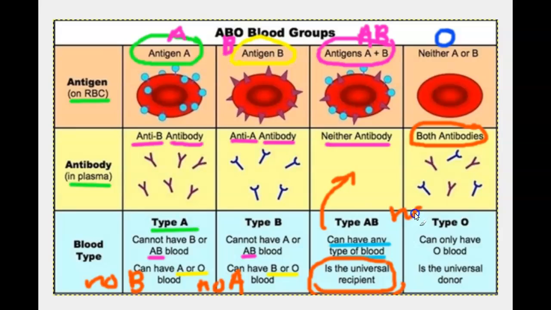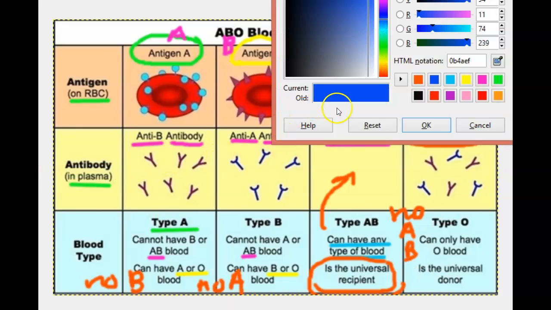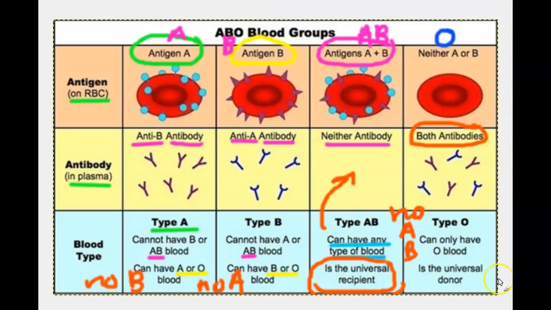So no A blood and no B blood. They can only have O blood. Why? If they had A blood, look, they have A antigens here and they have B antigens. The purple ones are the A's, the blue ones are the B's. So if they got A blood, anti-A would seek it out, coagulate the blood. If they got B blood, the antibodies against the B would go and seek out that blood, and the blood would coagulate and they could die.